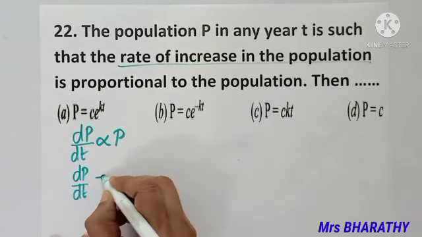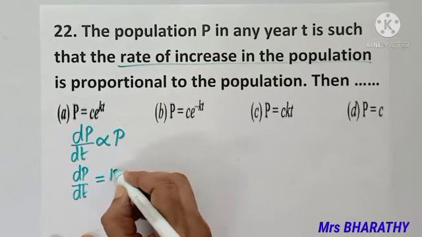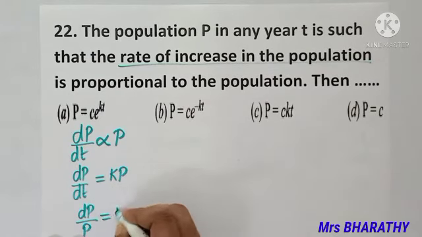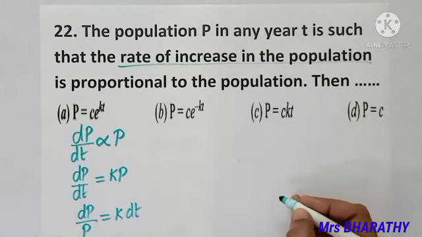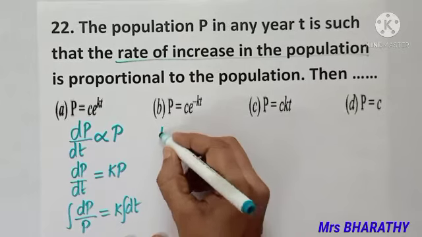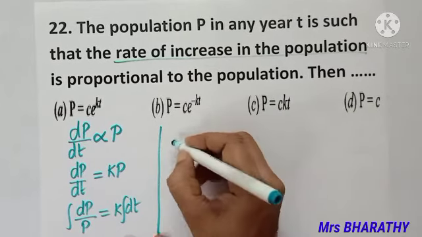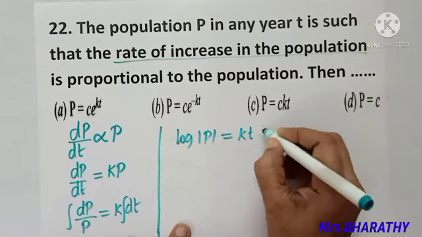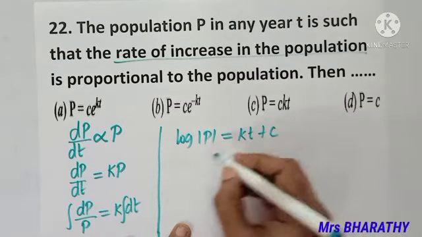dP by dt equals K into P. As we remove the proportionality, we introduce a constant. Separating the variables, it is dp by p equals k into dt. As we integrate on both sides, it is dp by p, that is log of p, RHS kt plus c.